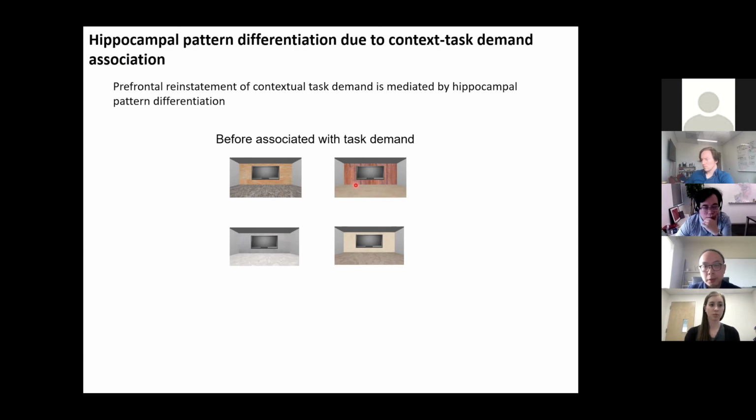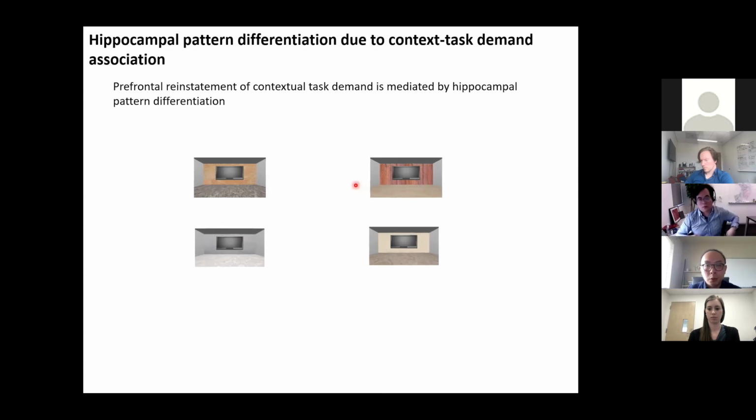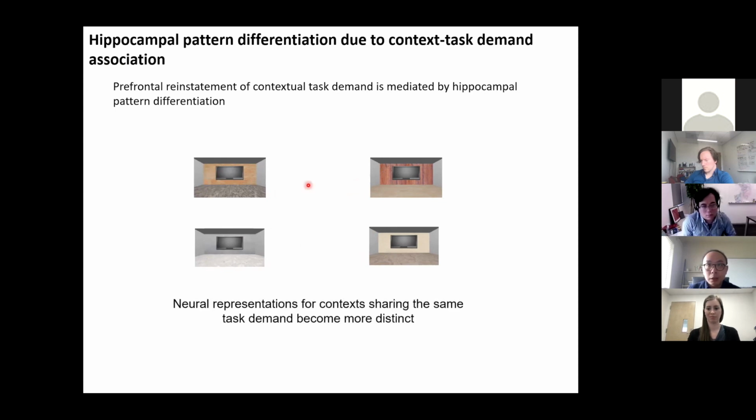But for the hippocampus, in order to reduce the confusion or interference between similar items or contexts, the hippocampus is actually going to further separate their neural representations, such that the contexts sharing the same task demand will become more distinct in their hippocampal neural representations.